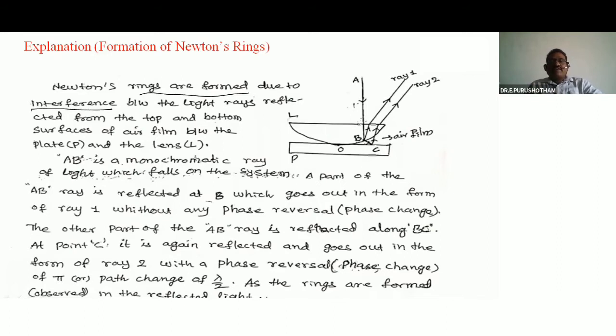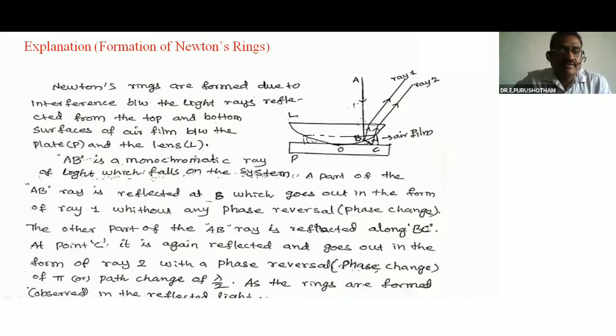The working principle is the interference pattern between the light rays reflected from the top and bottom surfaces of the air film between the plate P and the lens. You observe here, this is the air film. Up to here, air film. You imagine this is the air film.